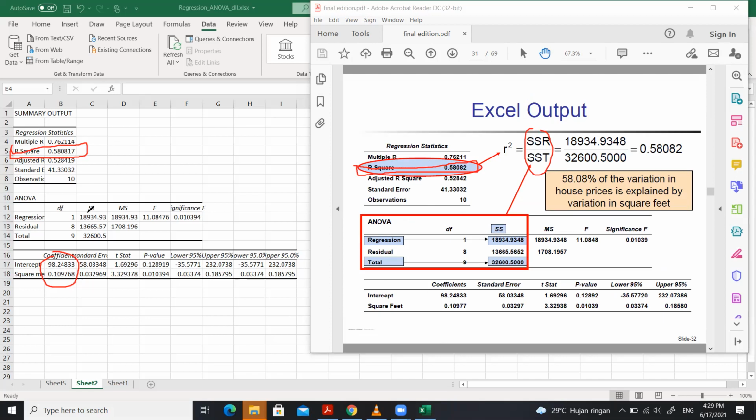You can see here, this one is divided by this one. This one is SSR, and this one is SST. Okay, so the result is 0.5.